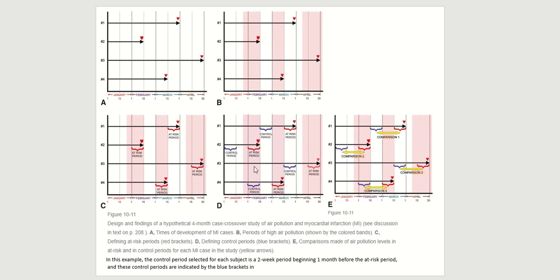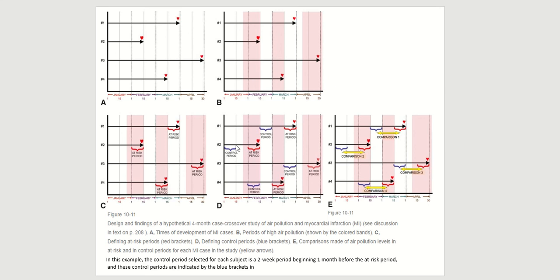and you can try and see if there are more of these scenarios, the 2 and the 3 happening versus the 1 and 4. 1 and 4 are probably indicating that the time period of exposure did not impact the occurrence of the outcome. Okay, because nothing, I mean, you can see what happened.